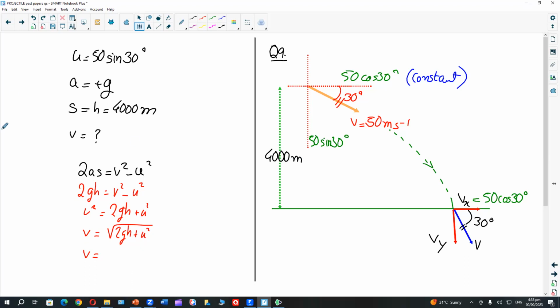V squared minus 625 is equal to 19.62, because multiplying by 9.81 gives 19.62. Then we take 625 to the other side and add it. 644.62 is equal to V squared, so we take the square root of both sides, 25.38 final answer.